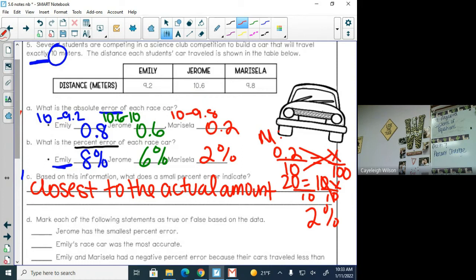All right, I want you all to do part D. So all you're going to do is write true or false on those lines.